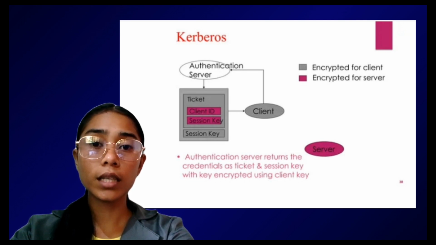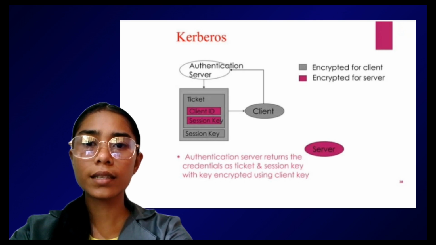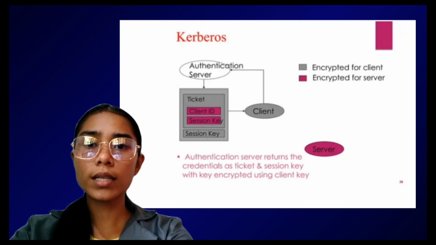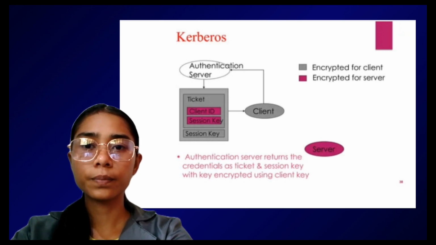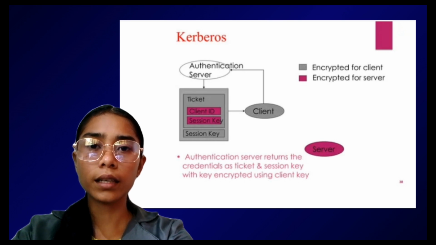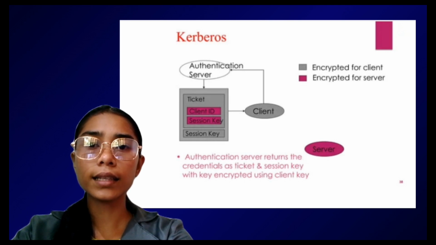Let's break down each step. First, the client request. A client, a computer or user, wants to access a server, for example a database or application. Second, the authentication server's role. The authentication server is a trusted third party that verifies the client identity.